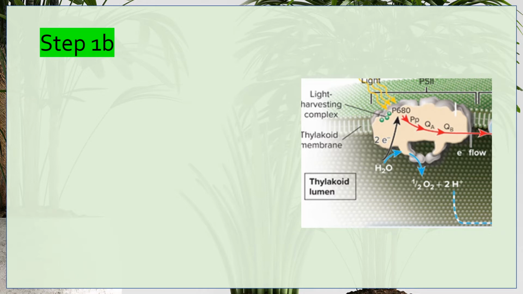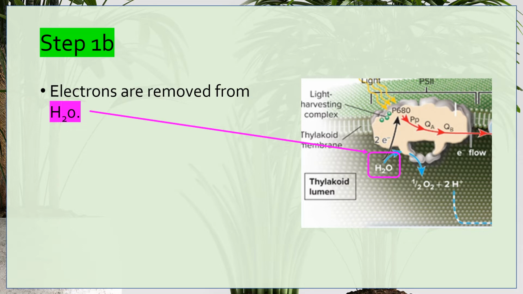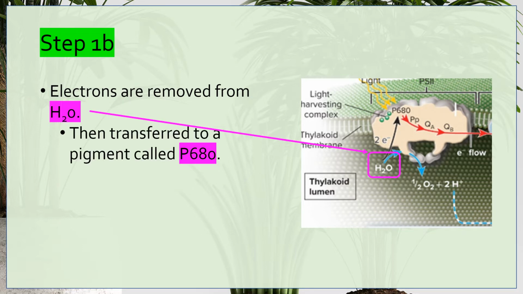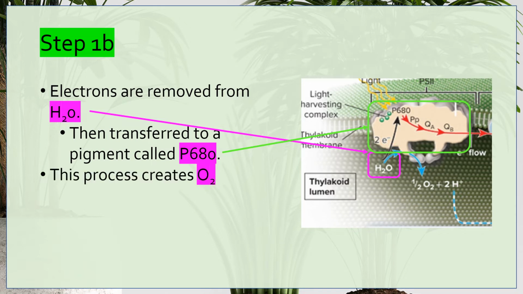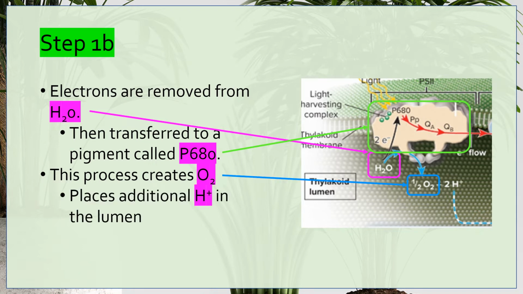In step 1b, the electrons are removed from water, then transferred to a pigment called P680. This process is what creates the oxygen and places additional hydrogen ions in the lumen.